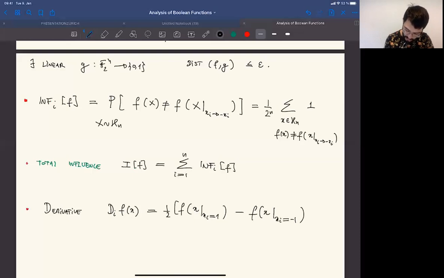You take this difference, and that will be the, say, discrete derivative. Notice that D_i f of x actually depends only on n-1 variables. It doesn't depend on the x_i variable anymore. Okay, that's something to note.